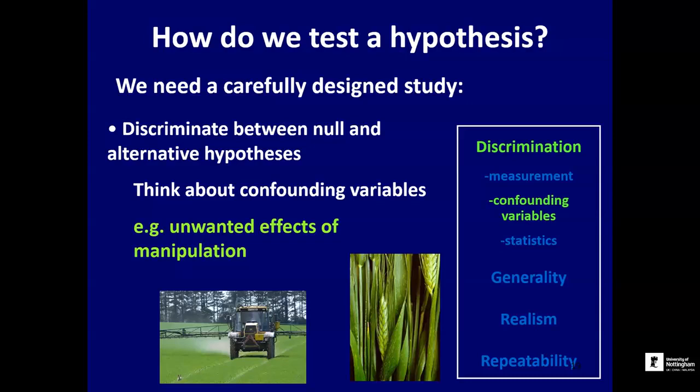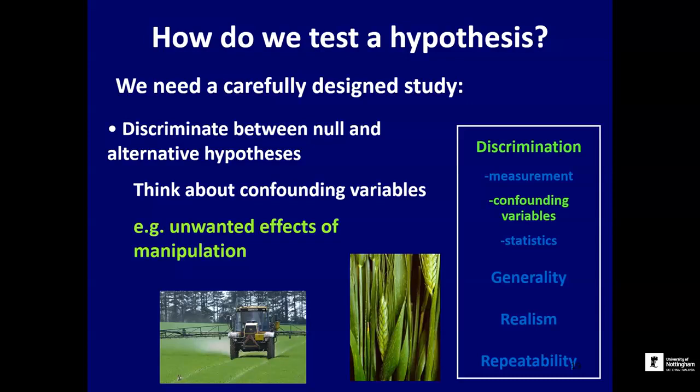So here's another example. Imagine that we were spraying a fertilizer onto fields of crop, let's say, wheat. We're looking to see whether this fertilizer increases plant growth and yields of wheat. So we get our tractor and we load it up with the fertilizer, suspended or dissolved in water as a solvent, and then we spray the fertilizer onto the crop.